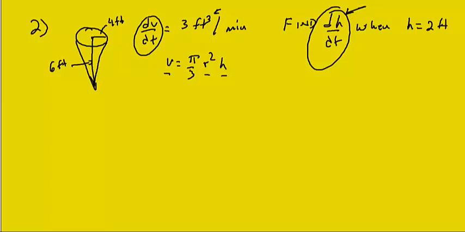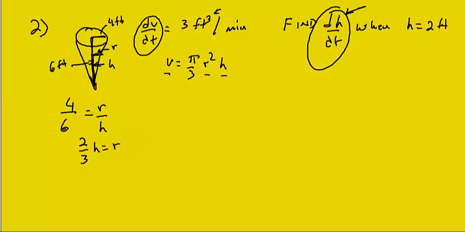So we're going to go back to geometry and use similar triangles. If this is a random r and this is a random h, what 4 is to 6 is going to be what r is to h. It's going to be proportional because these two are similar right triangles. So when we reduce this, I'm going to get 2/3 and multiply by h.